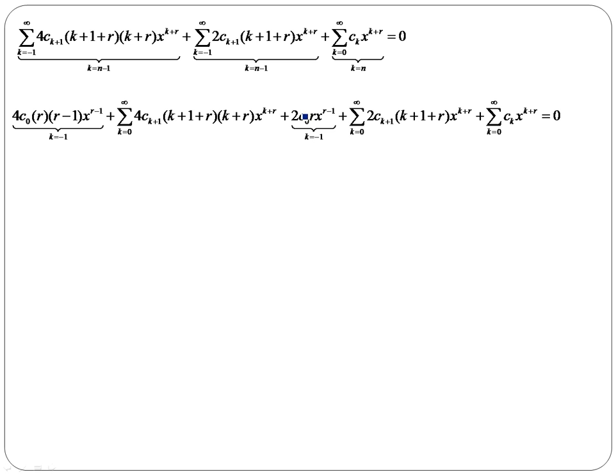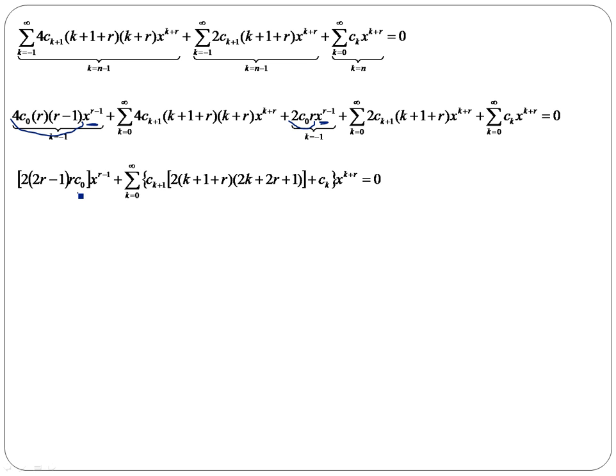Okay, so we're going to combine these terms. Notice that x to the r minus 1 is factored out to leave me with, well, let's see what we get when we simplify.